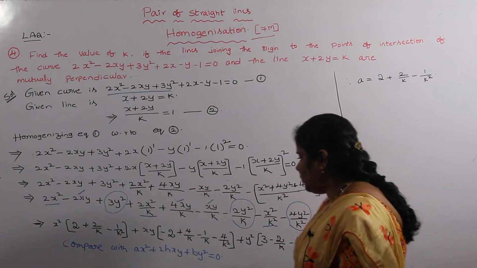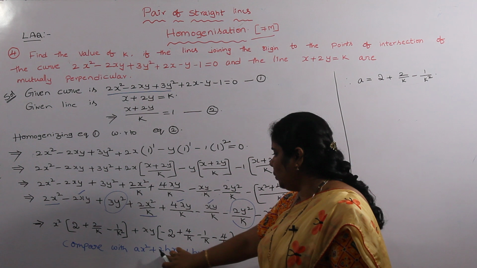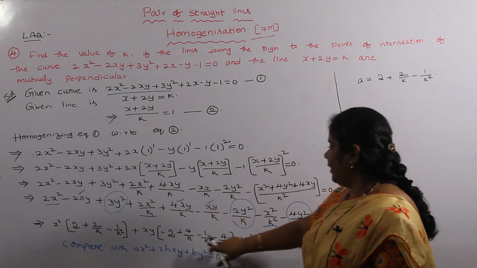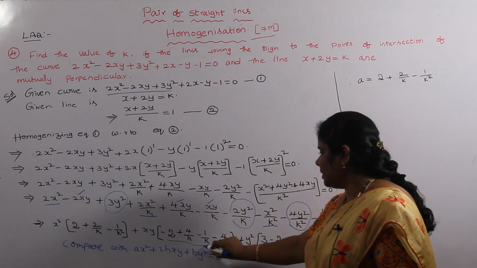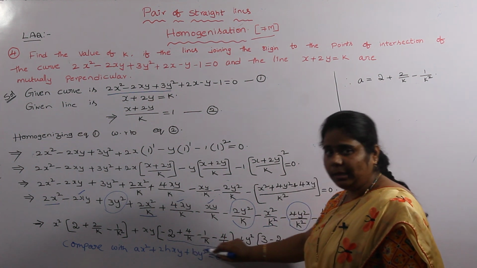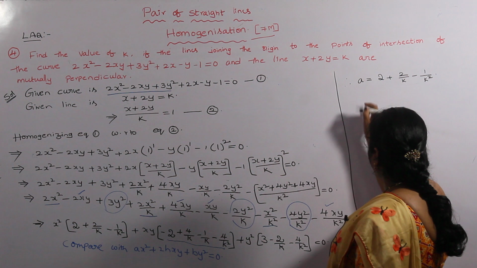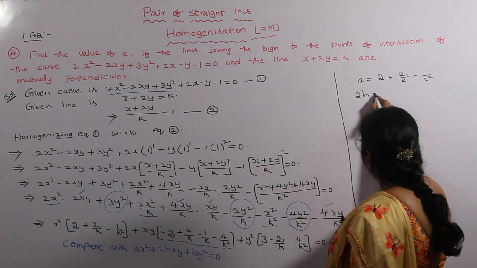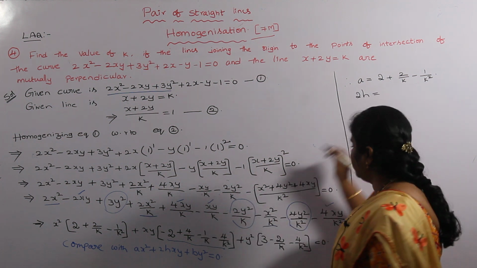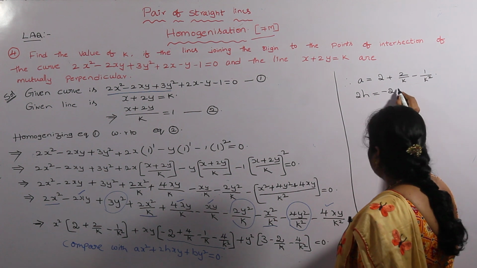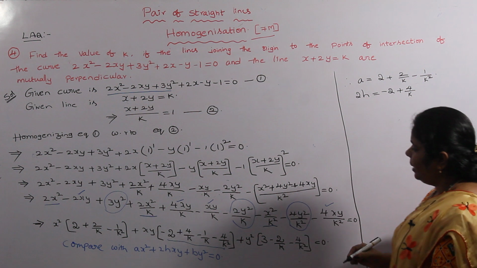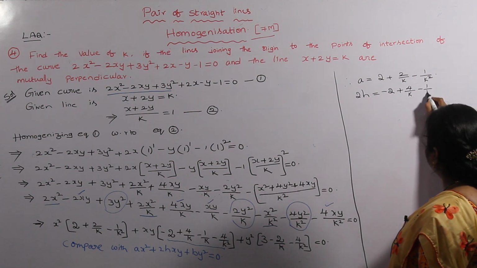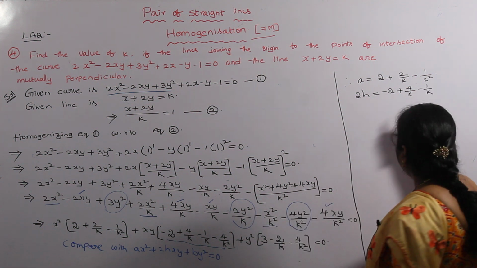And the xy coefficient is 2h. In this equation the complete xy coefficient is taken as 2h. So 2h = −2 + 4/k − 1/k − 4/k².